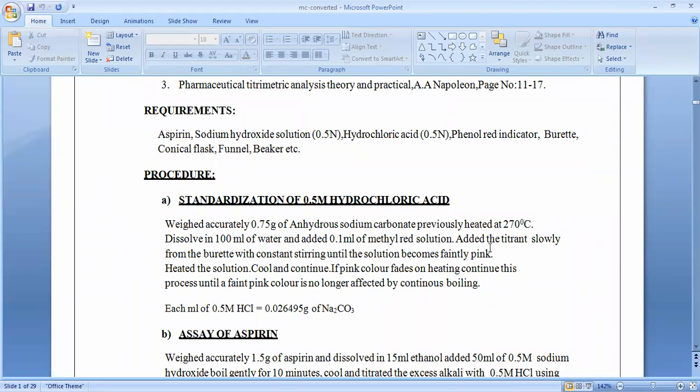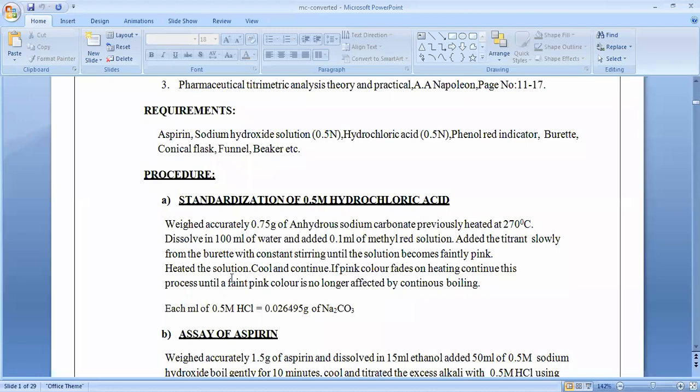Now this solution we are going to titrate slowly from the burette with constant stirring until the solution becomes faintly pink. So we are going to do the titration of hydrochloric acid with the sodium carbonate solution.